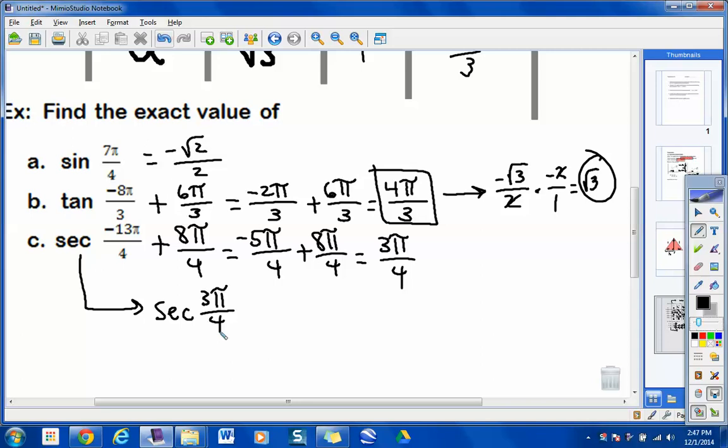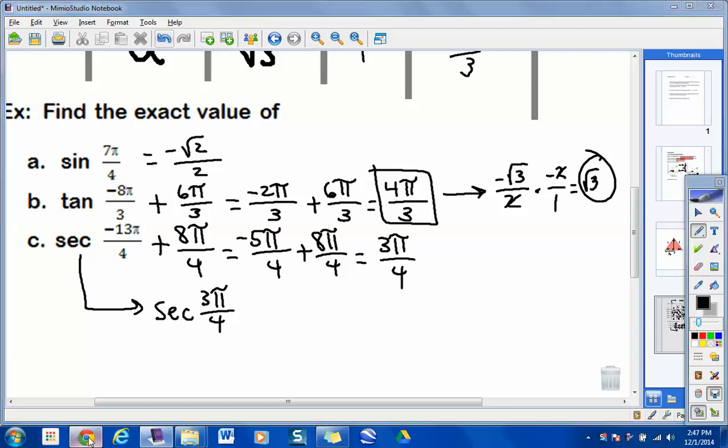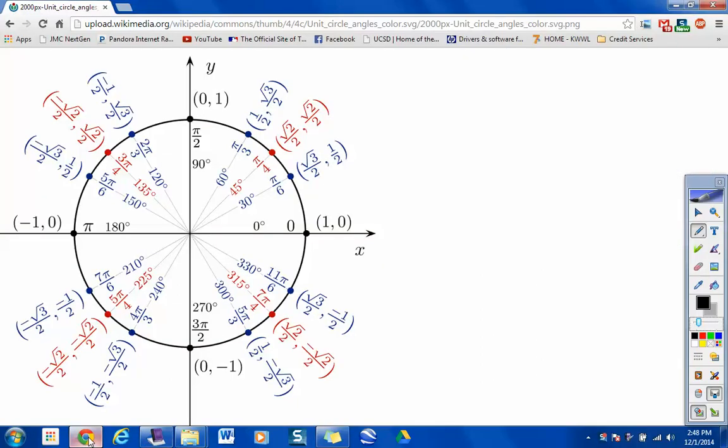So if I go to my unit circle, 3 pi over 4 right here in red. Cosine, negative root 2 over 2, isn't it? So couldn't I take the reciprocal of that and call it negative 2 over root 2 right off the bat and then work with it to rationalize it? Everyone agree? Okay, so I'm going to flip this. When I get back to my page, I'm going to write negative 2 over root 2.